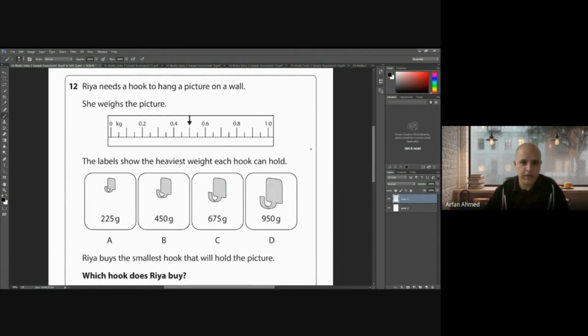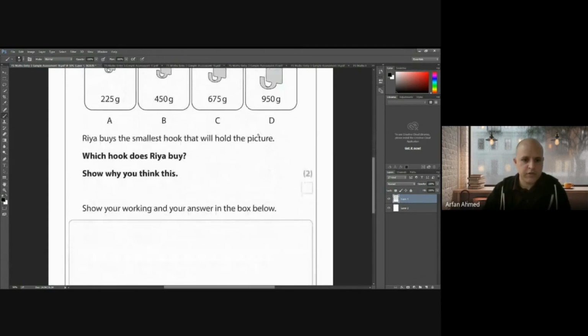Oh, what's the weight of the picture? We need to figure that out. So if that's 0.4 there and 0.6, it's between 0.4 and 0.6. You can probably figure it out yourself. It's definitely 0.5 kg, halfway between 0.4 and 0.6.